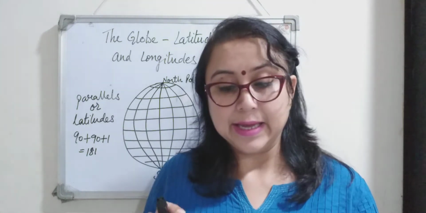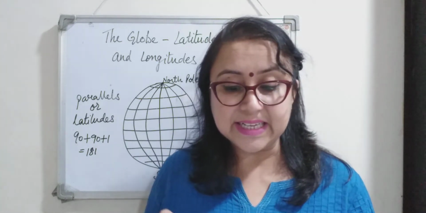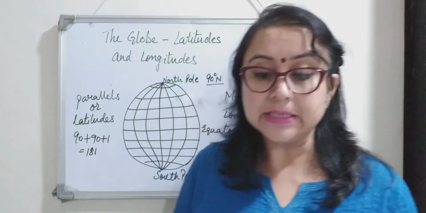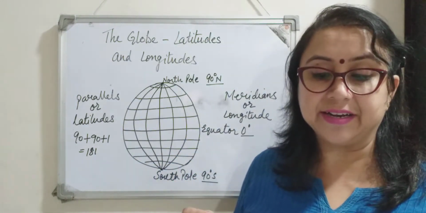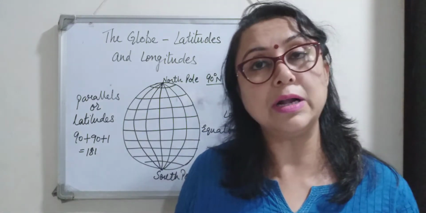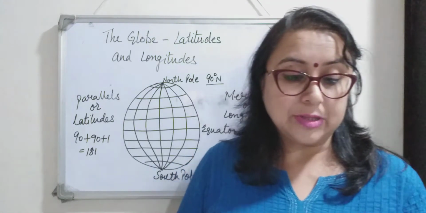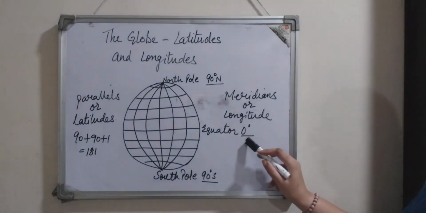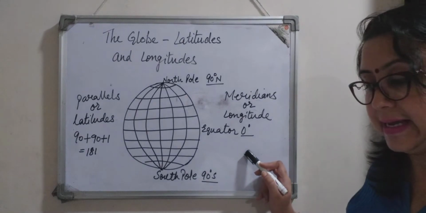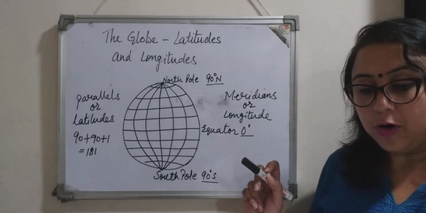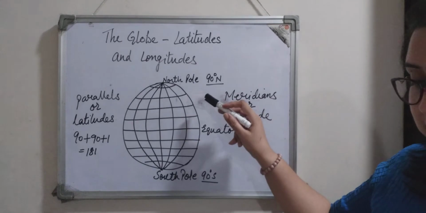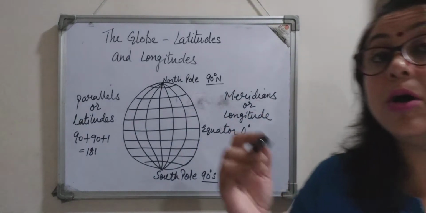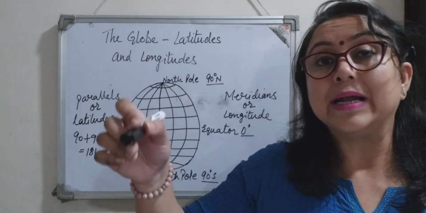Each degree is divided into 60 equal parts called minutes, and each minute is further divided into 60 equal parts called seconds. So the equator represents the 0 degree latitude. See, the equator is the 0 degree latitude. And therefore, all parallels north of the equator are called north latitudes, and they are all marked 0 degree, 1 degree, 2 degree.